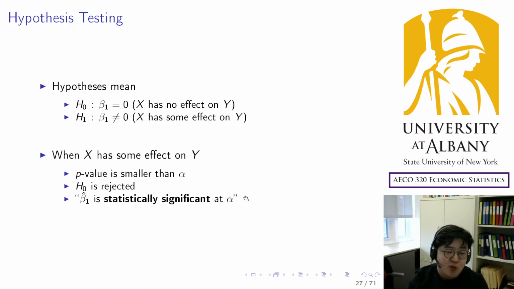By the way, the history of linear regression is longer than the history of statistical hypothesis testing. So statistically significant, this term was coined in the context of linear regression first. And then later, the hypothesis testing theory was formulated to justify how it works. Okay?